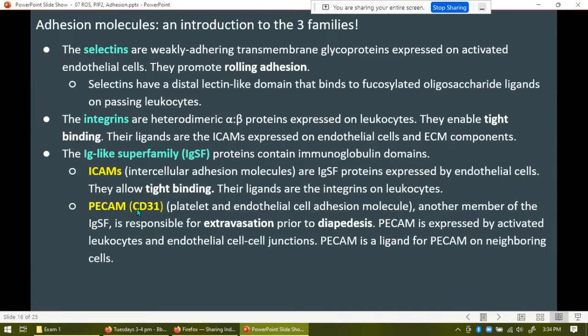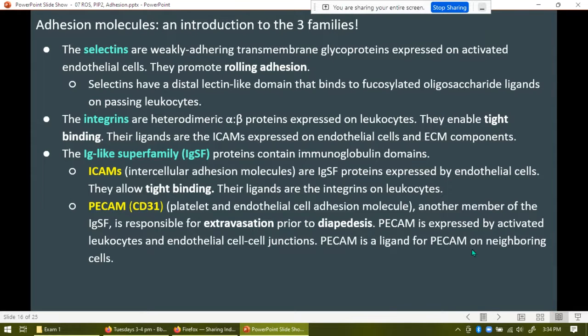And then you have PCAM, or CD31. It's called PCAM sometimes, and CD31 some other times. You're going to want to know both names for this one. It stands for platelet and endothelial cell adhesion molecule. It's another member of this family. It's responsible for extravasation, which is basically the very last step during adhesion. This is when the cell physically pulls itself between endothelial cells and into the tissue.